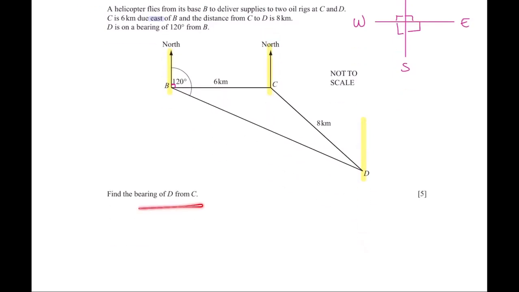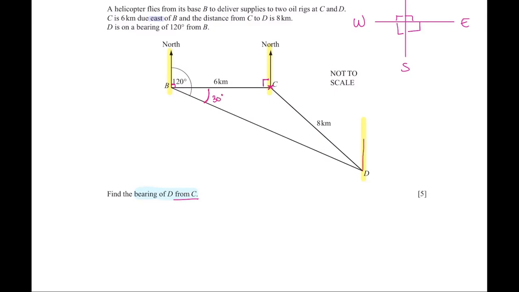So you say find the bearing of D from C. First you need to identify where you're looking from. The key here is that you're at C, so this is where you are. You need to find D from C. So this is 90 degrees. This is also 90 degrees. Can we find any other angle? So this is 30 degrees.